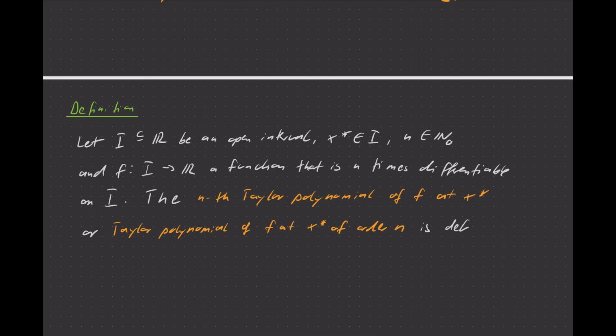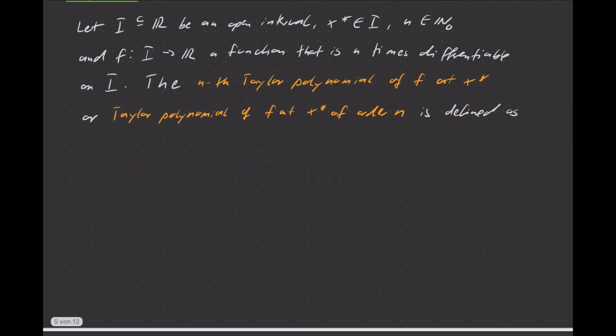And that is defined as the following. The notation for this Taylor polynomial is a capital T for Taylor polynomial. Then we write the order here in a subscript, Tn. And we just write the function beside that. The variable for the Taylor polynomial, that's x. And the point, x star, where this Taylor polynomial is centered. So this is the notation for this Taylor polynomial.